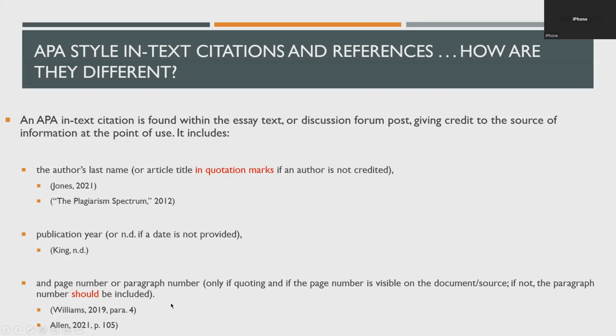Some sources, especially online sources like websites, are not going to have page numbers, which is when we put the paragraph number. So you just want to count however many paragraphs into the document the quote is that you're using. And you would put this abbreviation, para, P-A-R-A, period, which tells us paragraph, and that's from paragraph number 4.